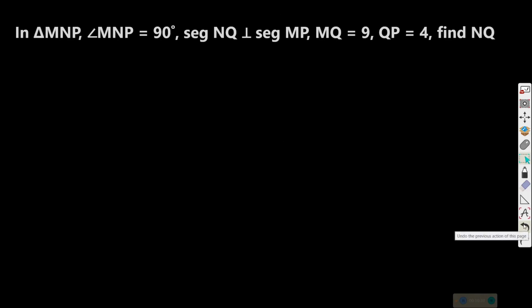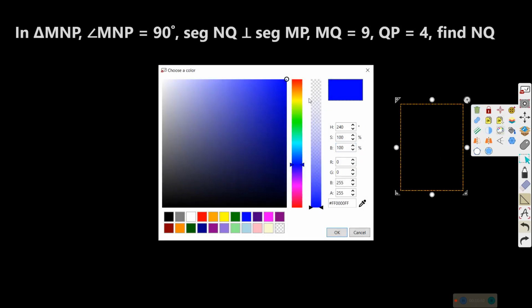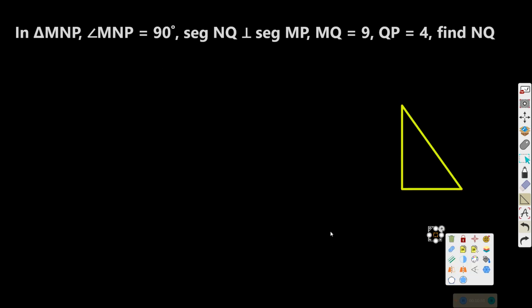In triangle MNP, angle MNP is 90 degrees, segment NQ is perpendicular to segment MP. MQ is equal to 9 and QP is equal to 4. Find NQ. So let me draw a triangle as a right angle triangle, because angle MNP is 90 it indicates that it is a right angle triangle.